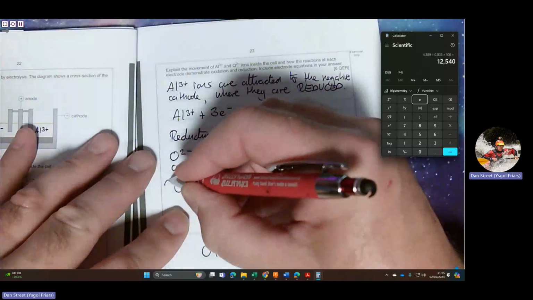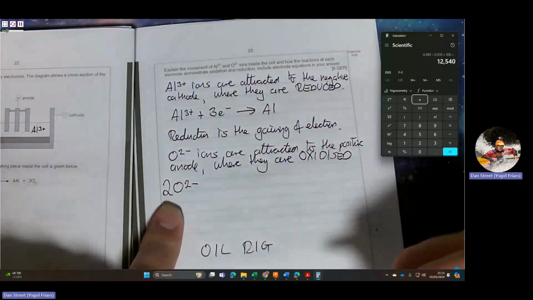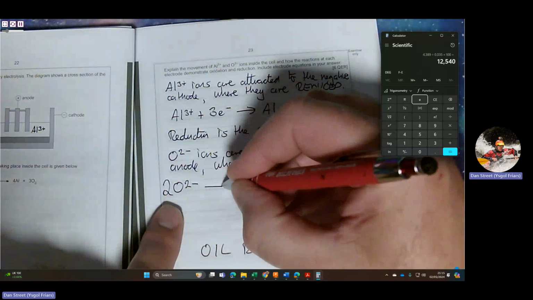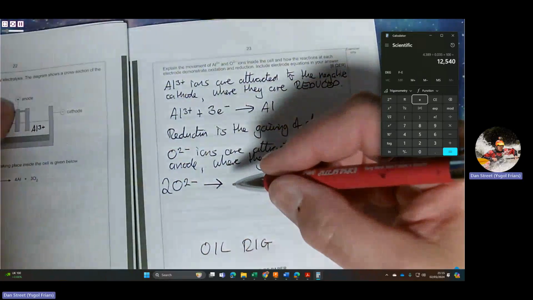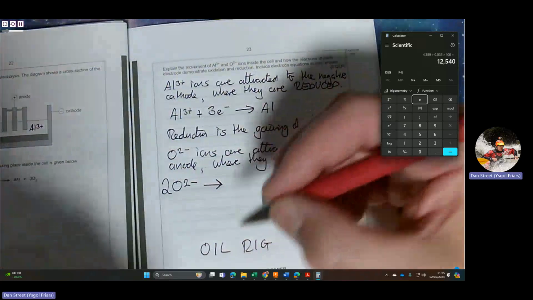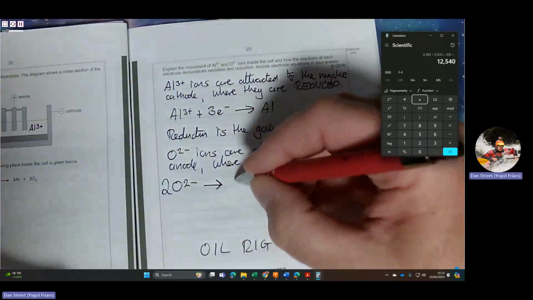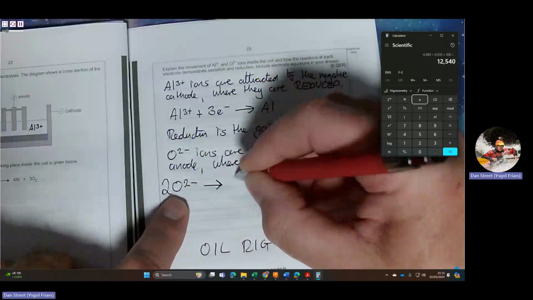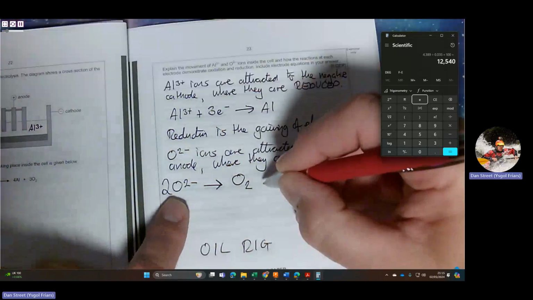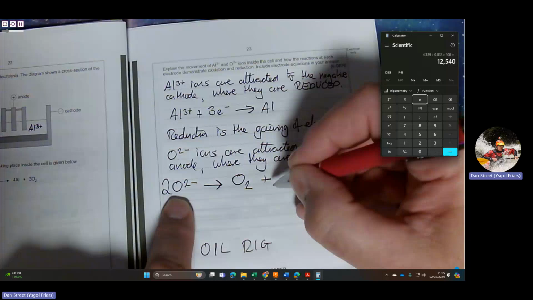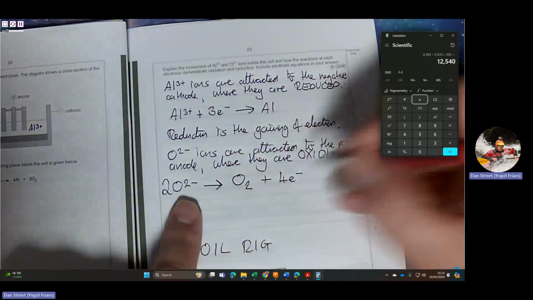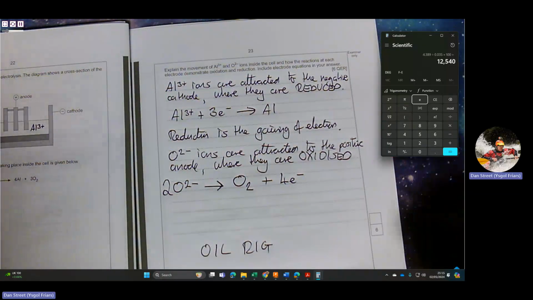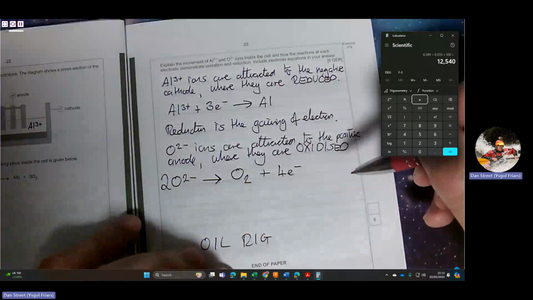So actually we need 2 oxide ions, because when they arrive at the positive anode, they lose their electrons, and the 2 oxide ions become an oxygen molecule. Because there's 2 oxide ions and they both lose 2 electrons, we end up with 4 electrons.